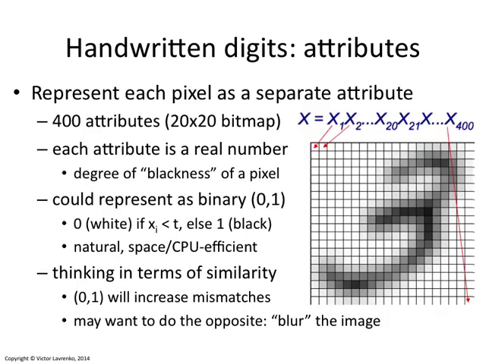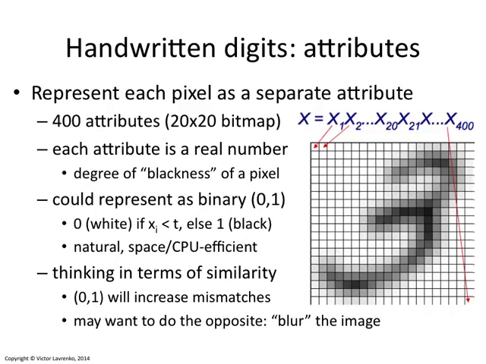So one representation that's actually used surprisingly often and makes sense: once you've boxed each digit, once you've identified a bounding box, say you end up with a 20 by 20 bitmap. Each pixel is a gray level, so it's a real number, maybe a number between 0 and 255 or something else.